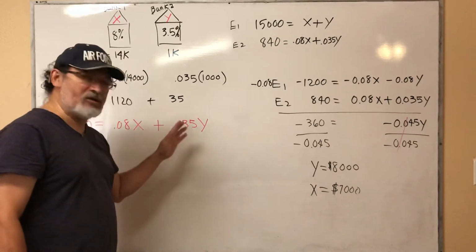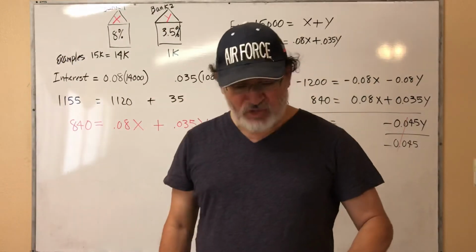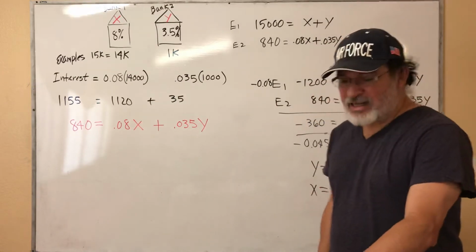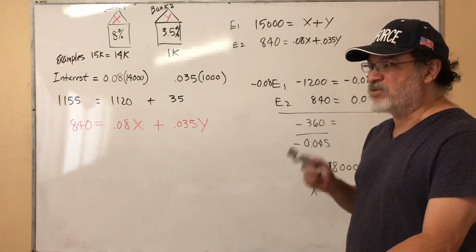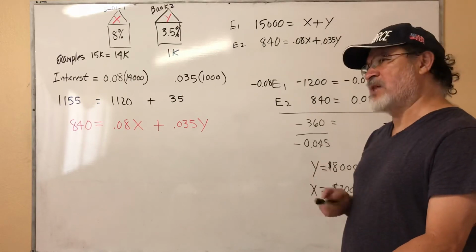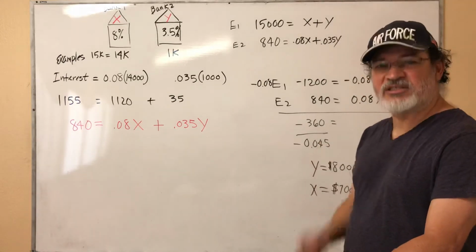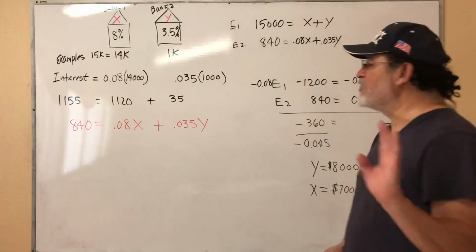So we found the solution, okay? So therefore, the solution is that $8,000 were invested at 3.5%, and $7,000 were invested at 8%. Okay, very good.